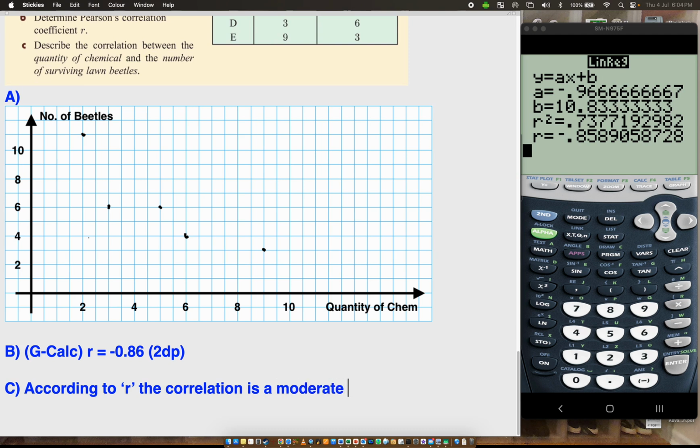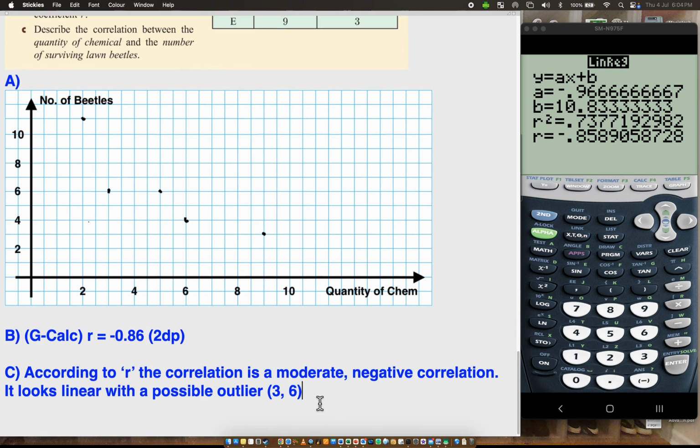Moderate negative correlation. You could also comment on that. It looks linear with a possible outlier, because this one sits kind of low. That one's 3.6.